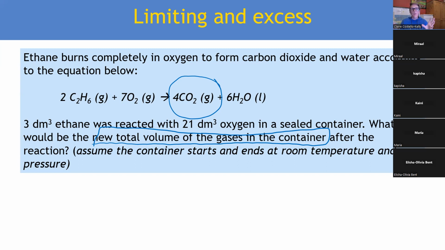Now, if one of them was not in excess, I wouldn't need to know the mass of both of them or the volume of both of them, because a different way to write the question that you've probably seen if you've done some practice would be 3 decimeter cubed of ethane was reacted with an excess of oxygen. And then I don't need to know about the oxygen because I'm only working with the ethane. But that's not true in this question. I've been given volumes of both.